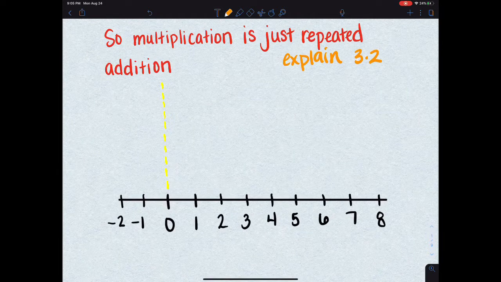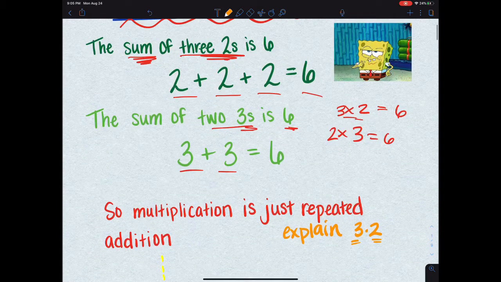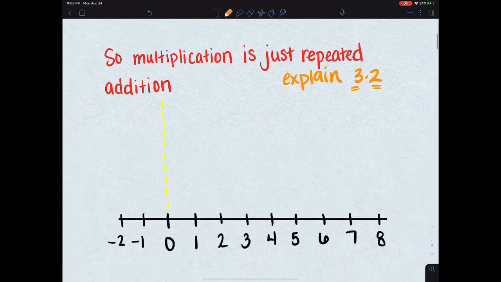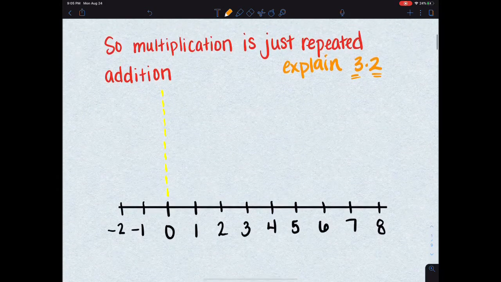Well, you could say 3 groups of 2, just like we did in this first problem. If we put that on a number line, you'd start at 0, okay? And you'd say, well, there's one group of 2, there's another group of 2, and there's another group of 2. So that's 1, 2, 3 groups of 2, and you end up at 6.